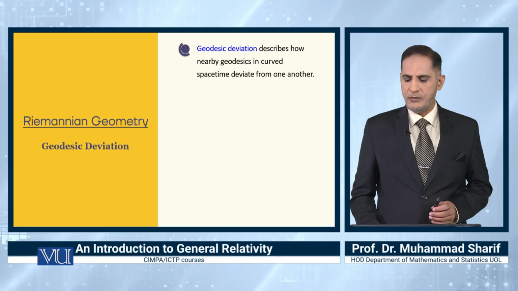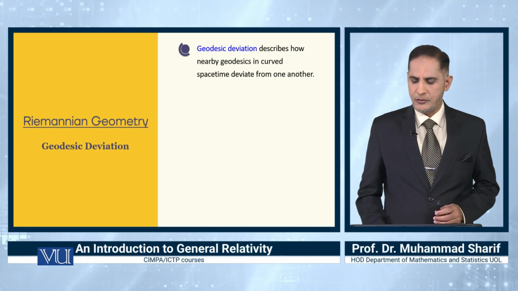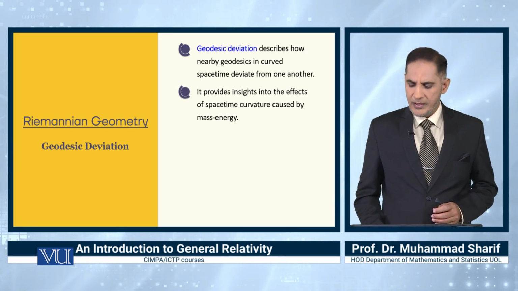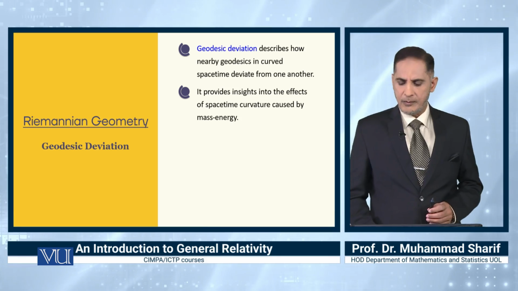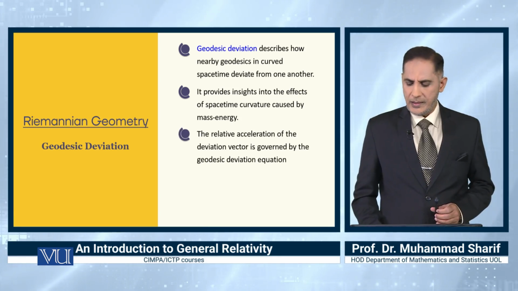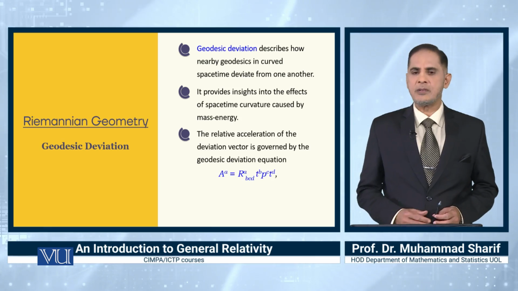So geodesic deviation describes how nearby objects in curved space-time deviate from one another. It provides insights into the effects of space-time curvature caused by mass energy. So the relative acceleration of the deviation vector is governed by the geodesic deviation equation, which is given here.